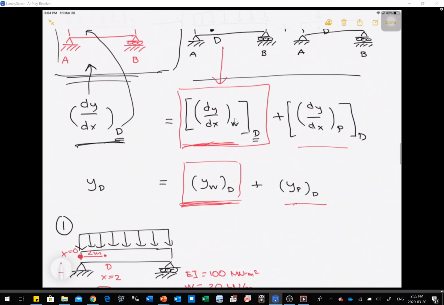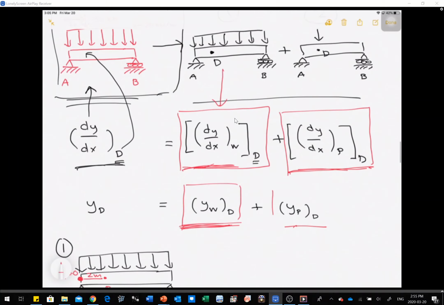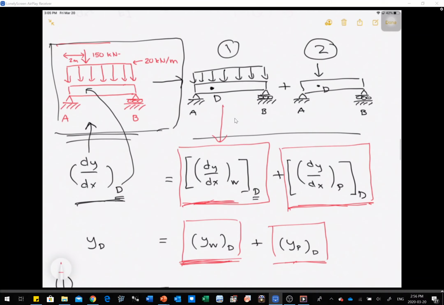We calculated the displacement at this beam right here. And then we calculated our specific slope of the beam at point D. That's the displacement at point D for this beam. Now we can add those numbers to get the final answer.